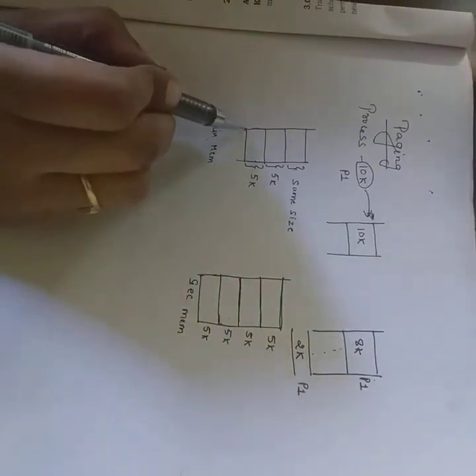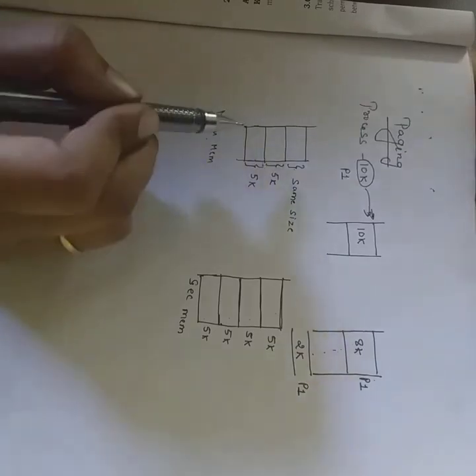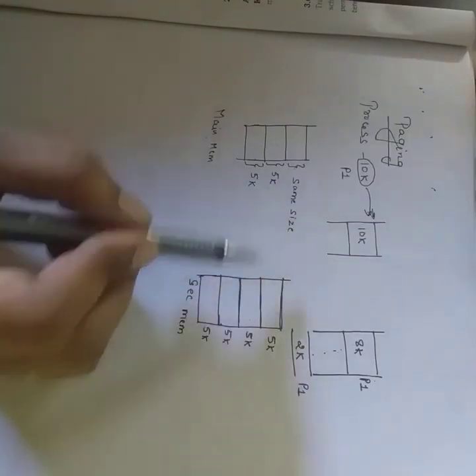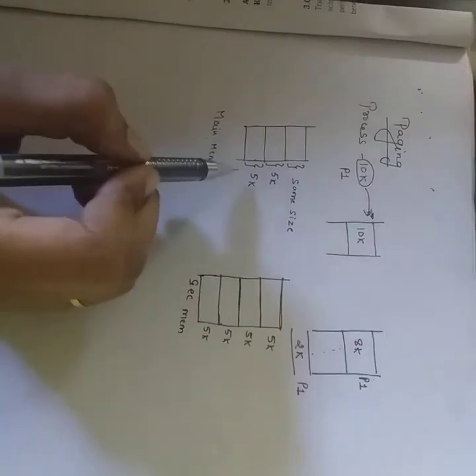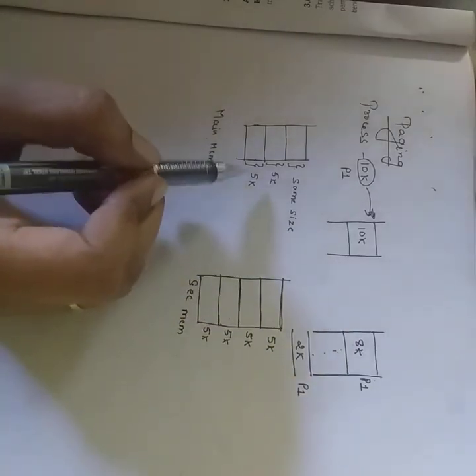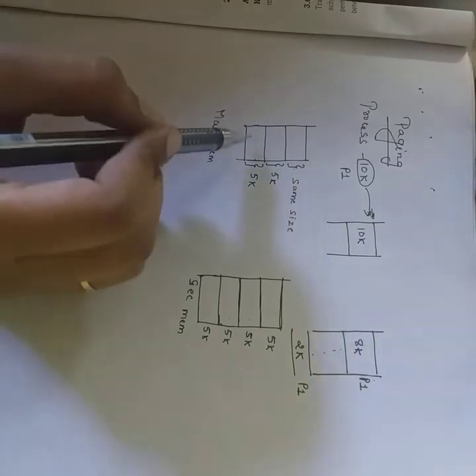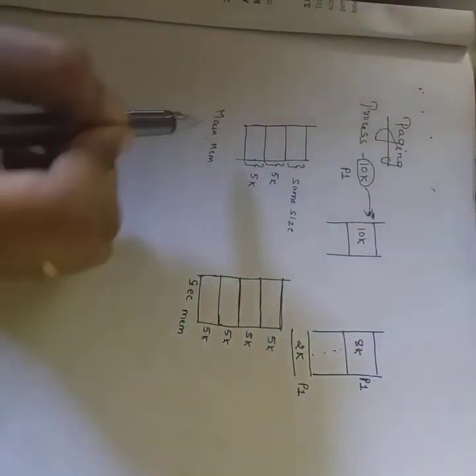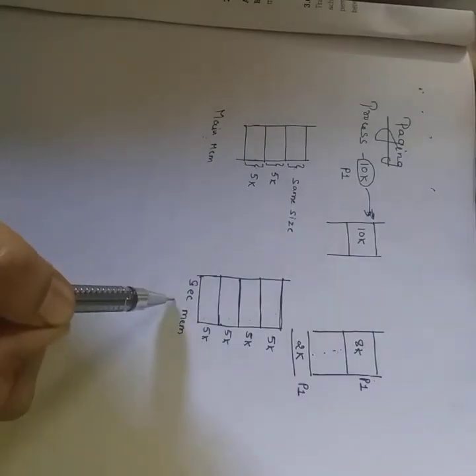Why do we require paging, why is it of fixed size? If it is of fixed size, it is very easy to map the process which is stored in main memory to the secondary memory.